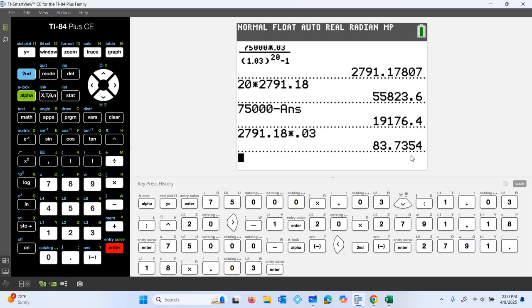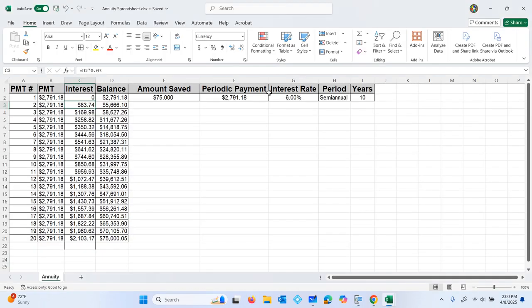This tells us the amount of the accrued interest. So 83.74 is what goes in, and that's what we have right here.